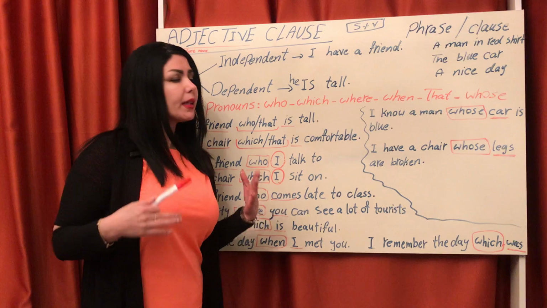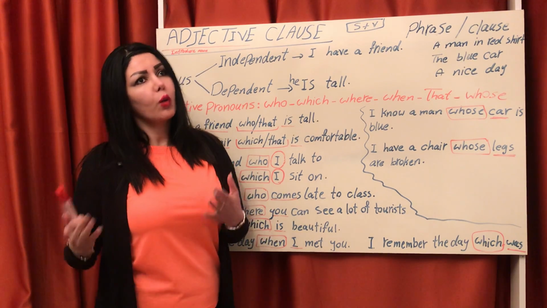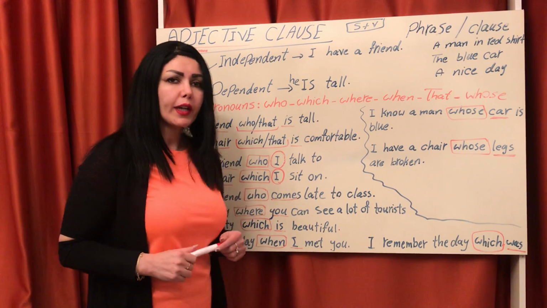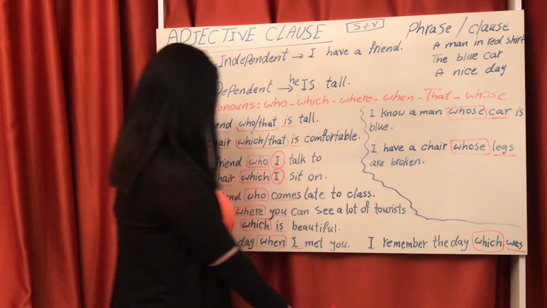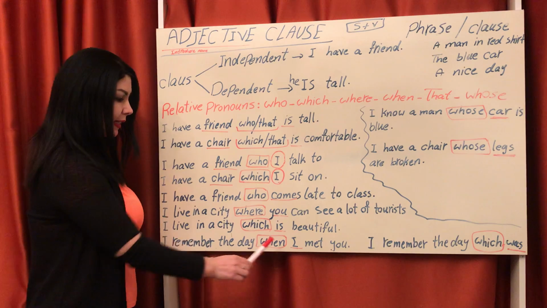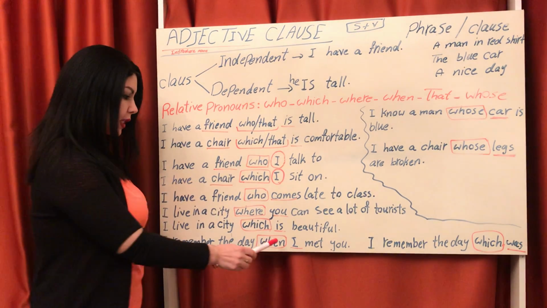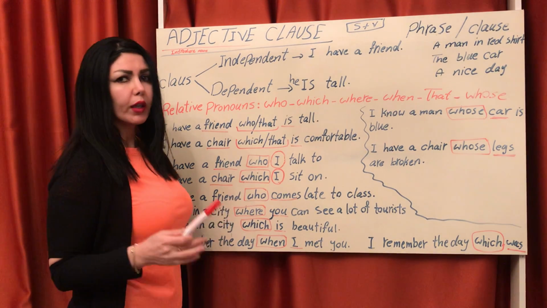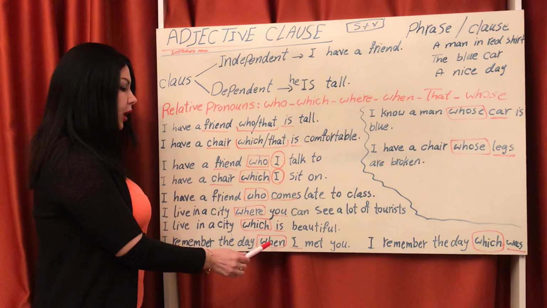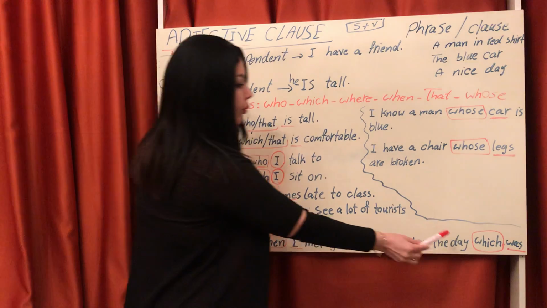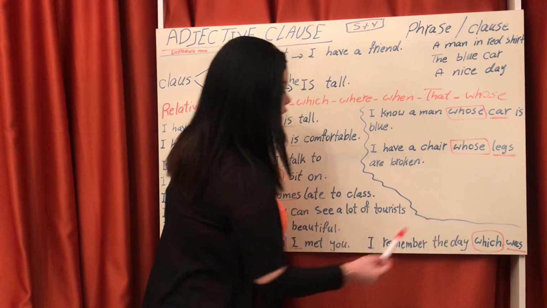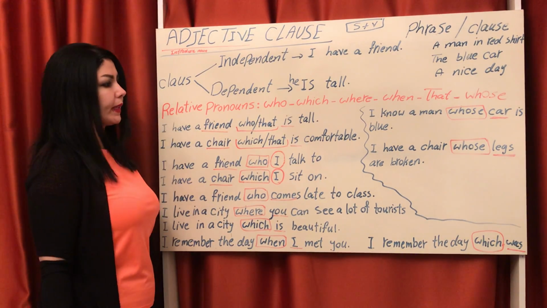I remember the day which was awesome. After when, we just use a subject or noun, but if we want to use a to be verb, we choose which instead of when.